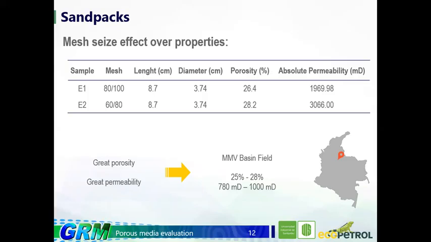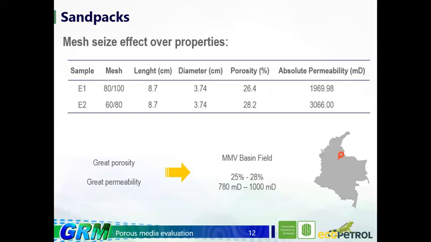The length and the diameter of the sample were the same, and the variation is that there is a higher porosity value with the 60 to 80 mesh, which means that the bigger grains could achieve a bigger porosity in this system.